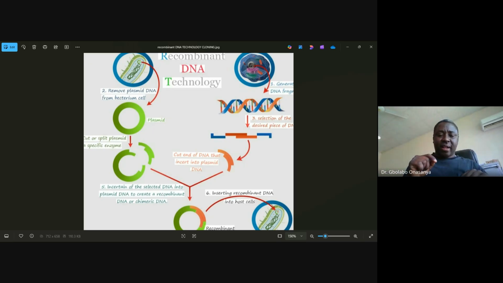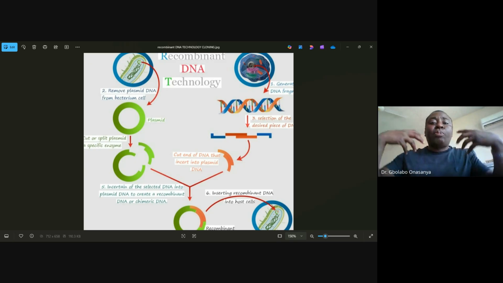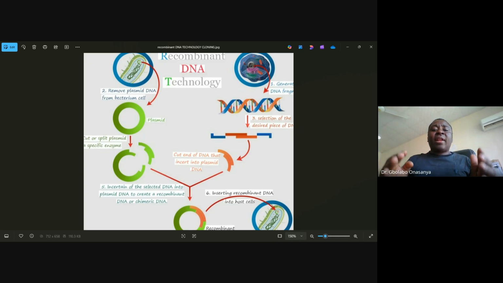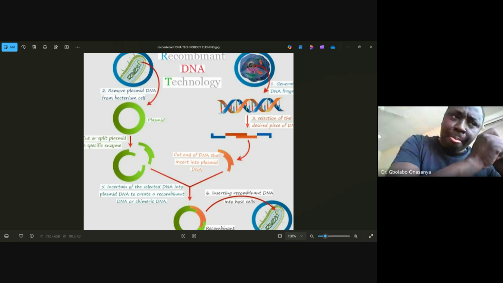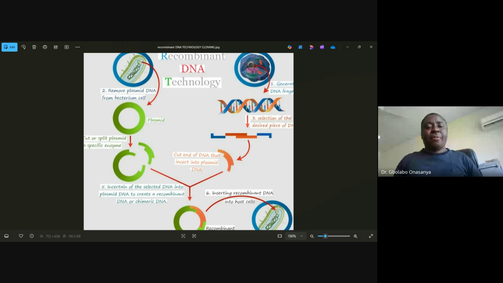That is why outbreeding and mating systems are the different types of gene transfer methods at the organismal level in traditional genetic engineering.